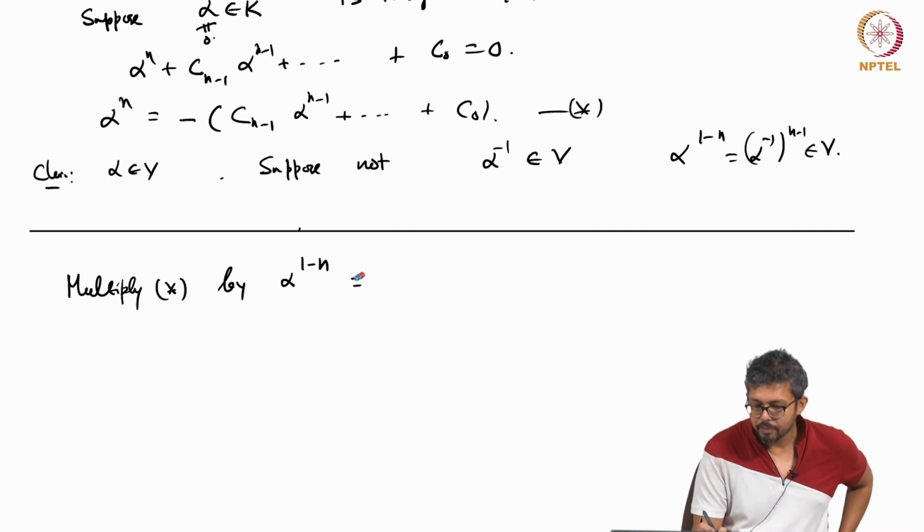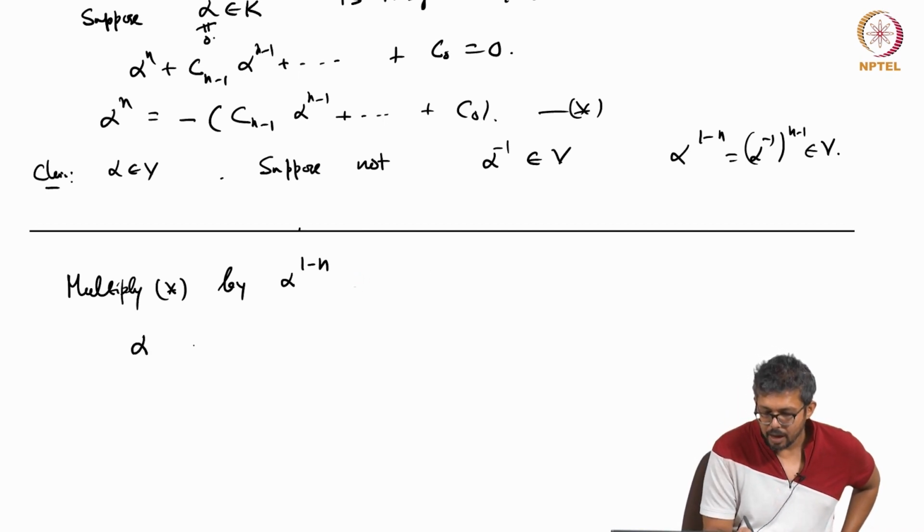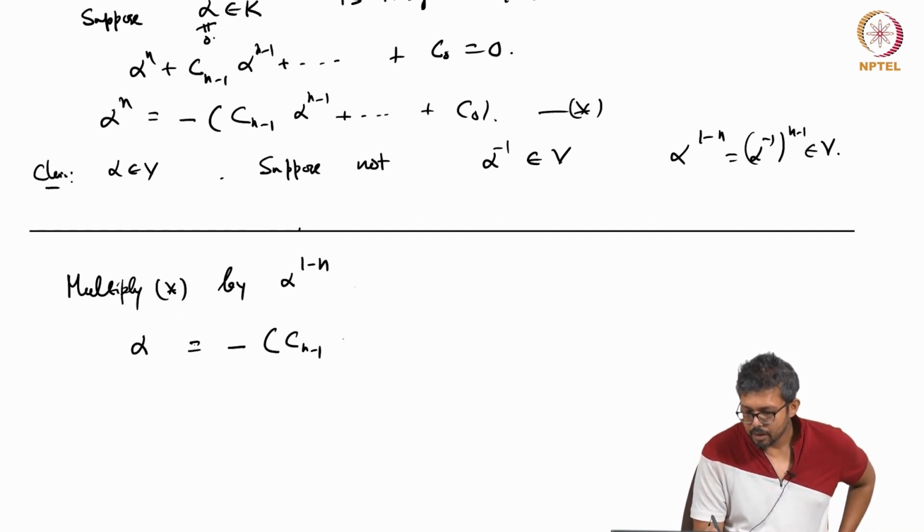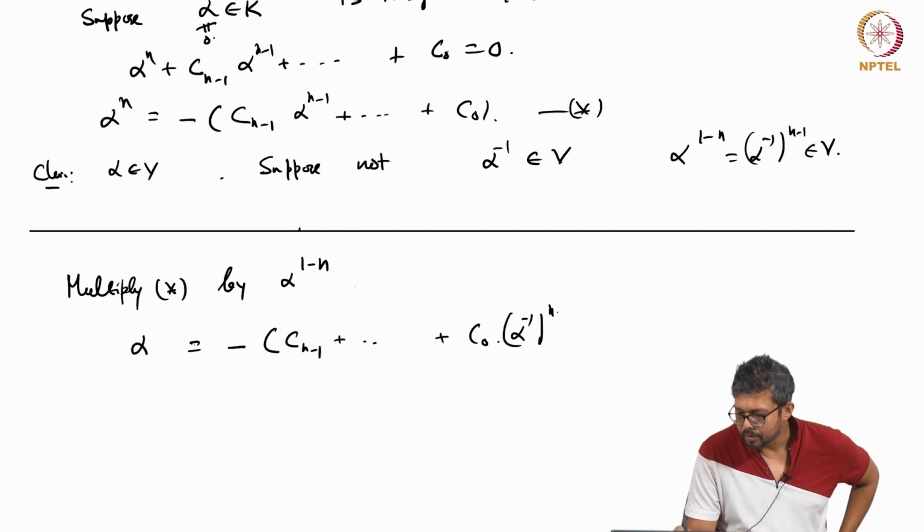You get alpha equals minus C n minus 1 minus ... minus C naught times alpha inverse to the n minus 1.